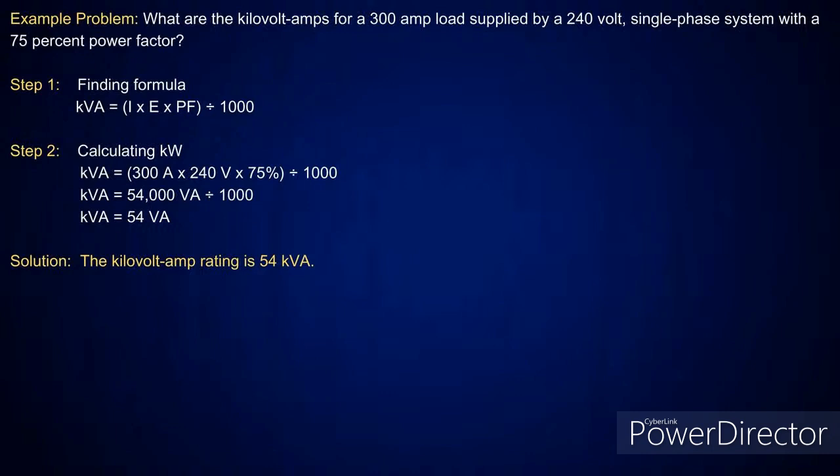Well, the only thing you're going to do here is take everything, multiply it together just like you did, but the only thing you're going to do is divide it by 1,000, and that'll give you your KVA. I did exactly the same thing I did a while ago. The only difference here is I'm trying to get a KVA rating, and I divide it by 1,000. Okay? Everything else was still multiplied together.